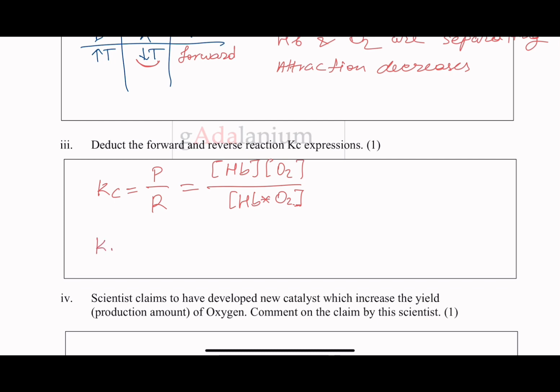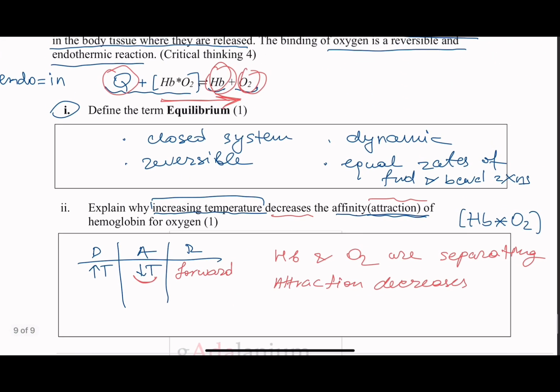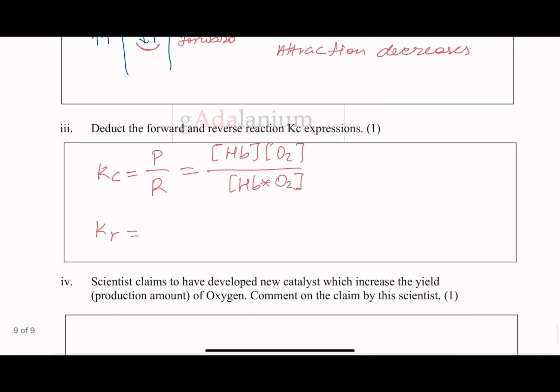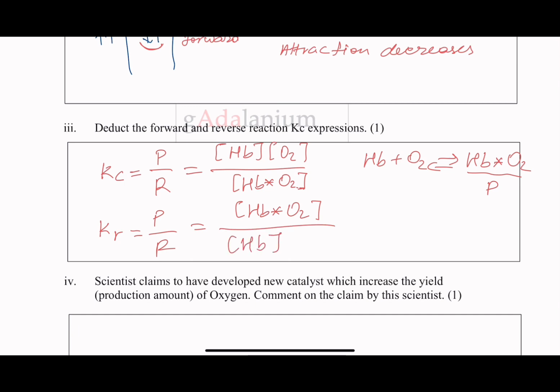And the Kr is literally just the opposite of that, because the reverse reaction is like this, right? Hemoglobin plus oxygen giving us hemoglobin-oxygen bound, warm. And if I write the products over reactants for this one, what do I have as a product? Hemoglobin-bound oxygen divided by hemoglobin multiplied by oxygen.